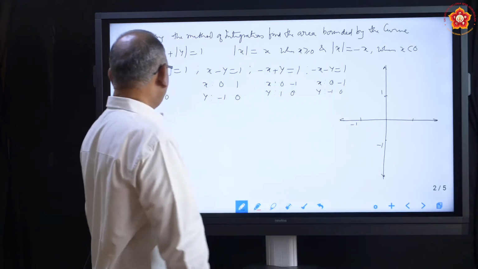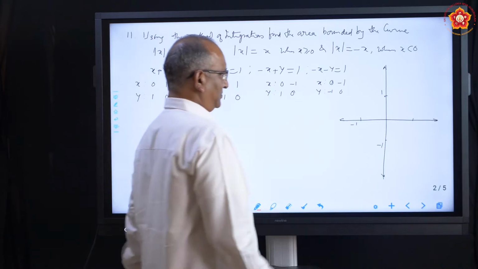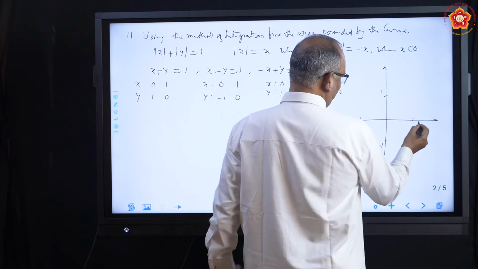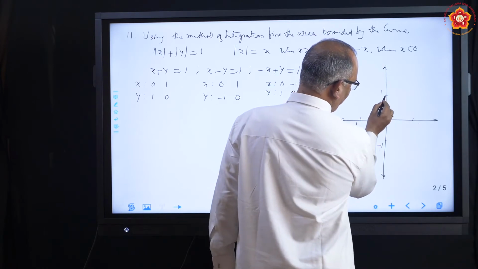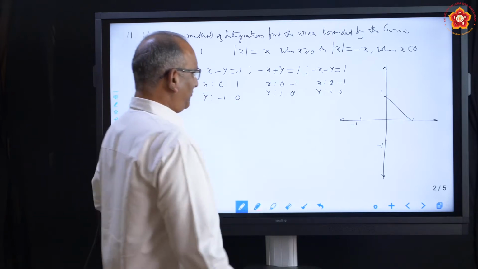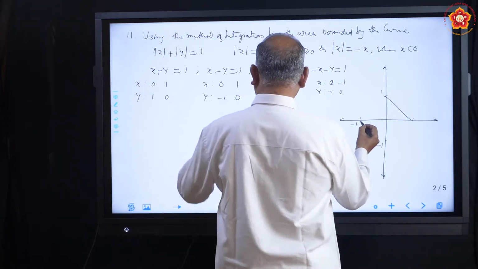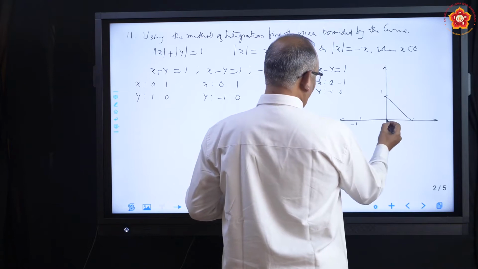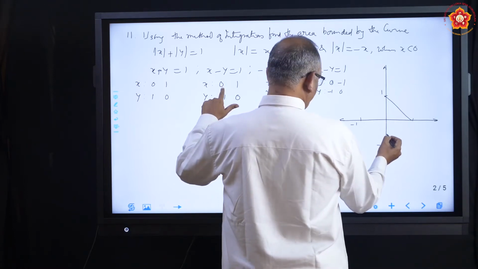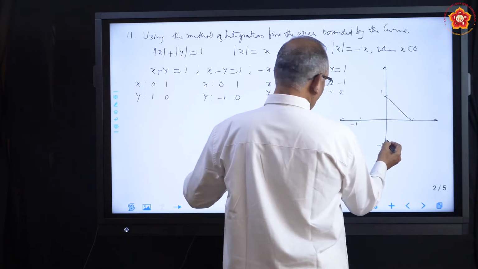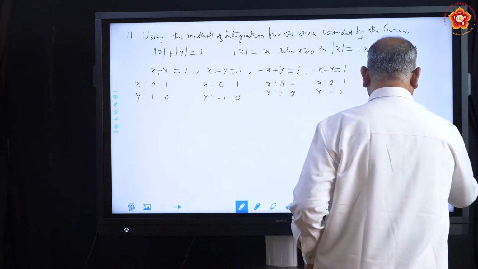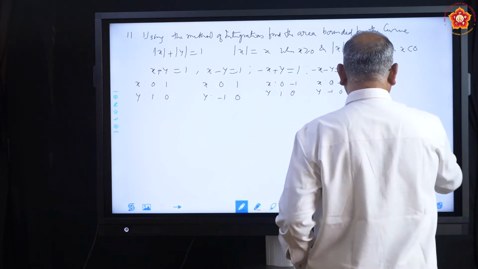Let us begin with the first one. x is 0, y is 1, and then x is 1, y is 0. So join it. Second one. x is 0, y is minus 1. This is the point. And x is 1, y is 0. So join the points. Similarly, the others you will get.